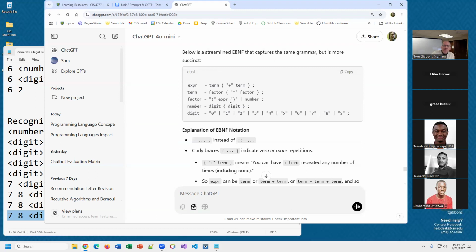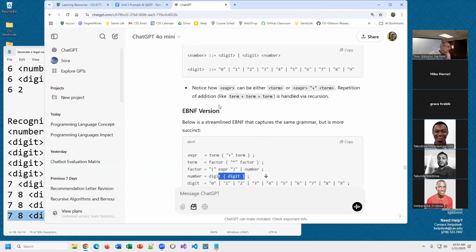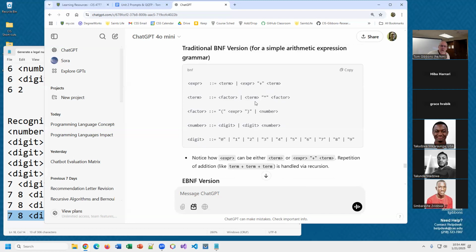But in eBNF, we just write it this way: number equals a digit, and then the parentheses mean 0 or more of these things, so 0 or more other digits. Sometimes some of the texts and versions will jump between BNF and eBNF, so just be aware of the symbols that are used in both.